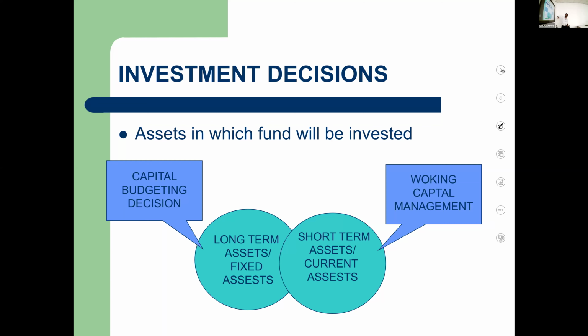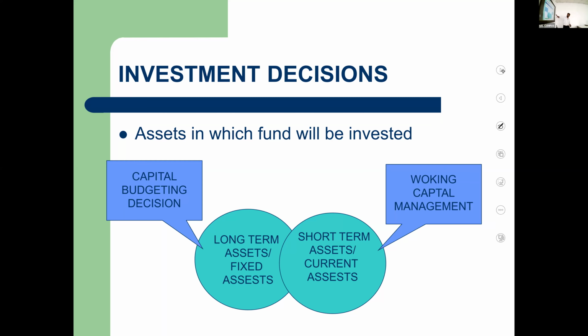At the same time, if you are planning to invest in short-term assets, very good, everyday transactions. What are the short-term assets in an organization? Sales and purchasing goods. Very good. Inventory is one of your short-term assets, right? That's why we record it under current assets.